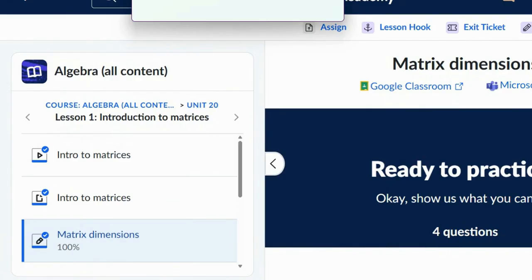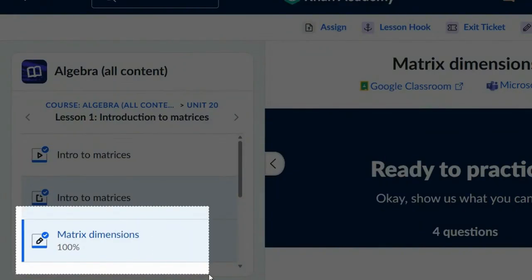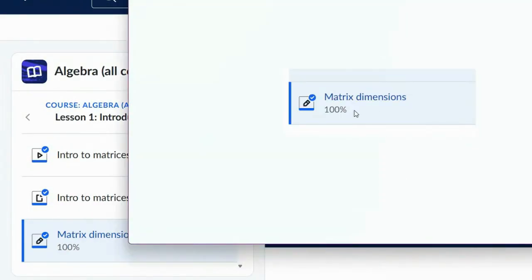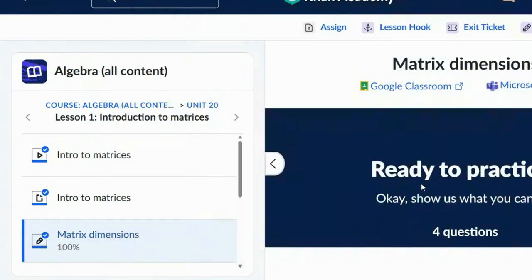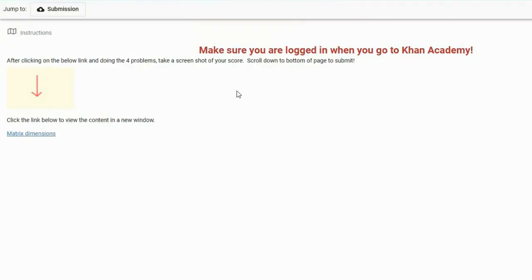Look, I got 100%. So I can take a screenshot of that where it shows I made 100%. I can turn that in. That's okay too, because this is wanting me to start over. See, ready to practice? 4 more questions. Look, I got 100%, Mr. Park, because I was logged in. It remembered that. That's good.